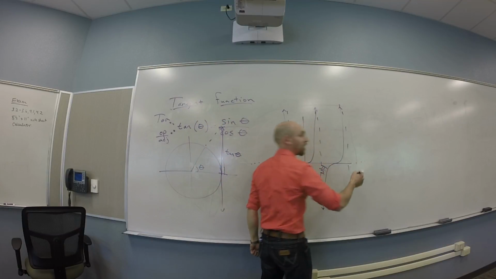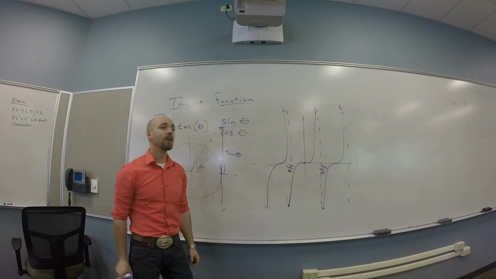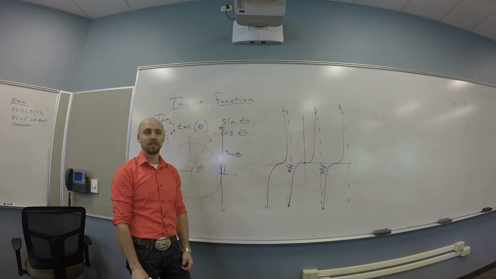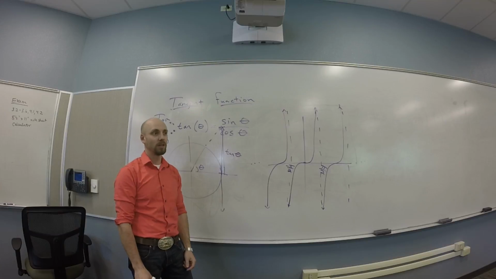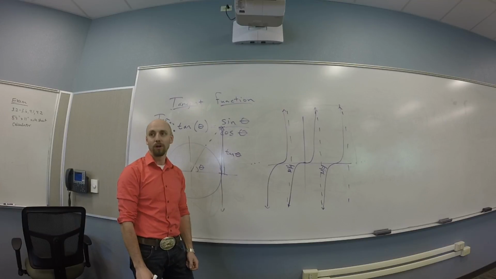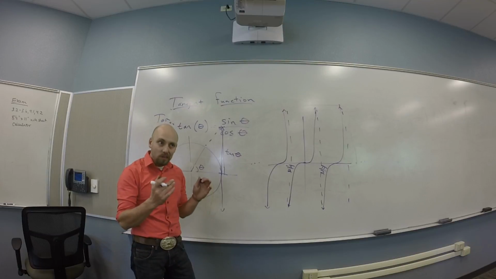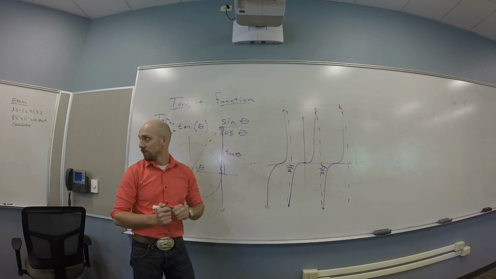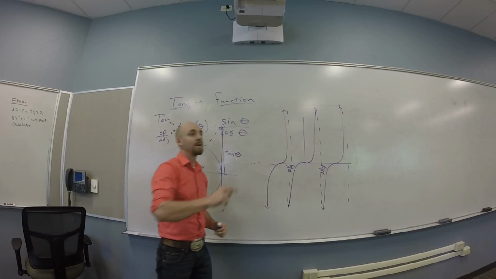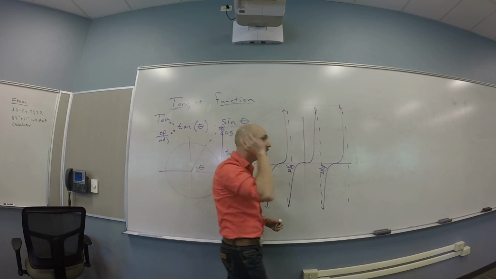Continue your zebra stripes. Notice this thing's going to fail the horizontal line test. You guys see that? So arctangent is one of those things you should be worried about, because it's not really a full inverse. It's just a partial inverse, just like the other trig inverses. They're all almost an inverse, dependent on the period.